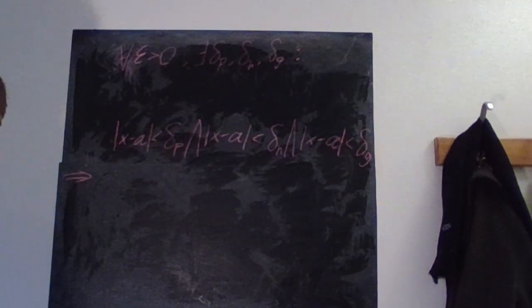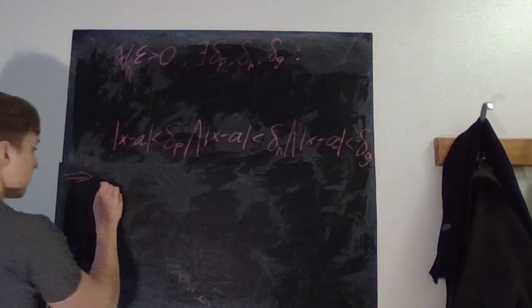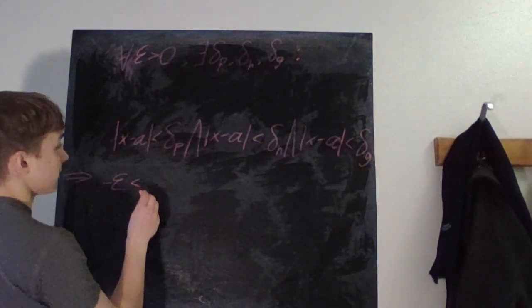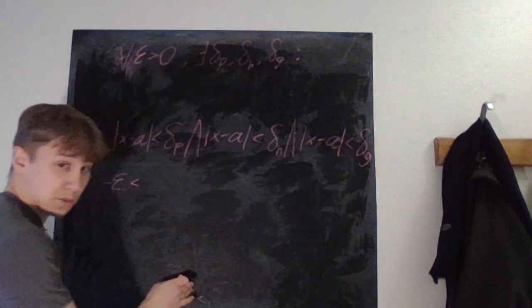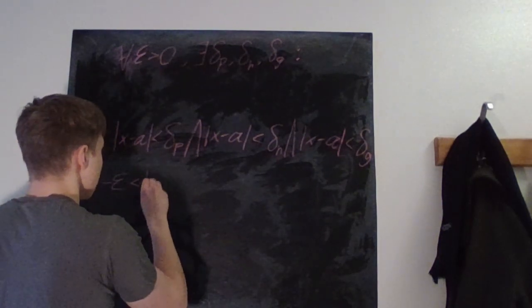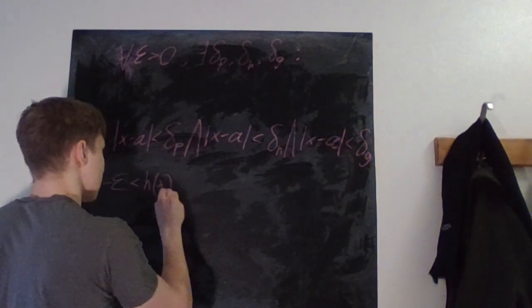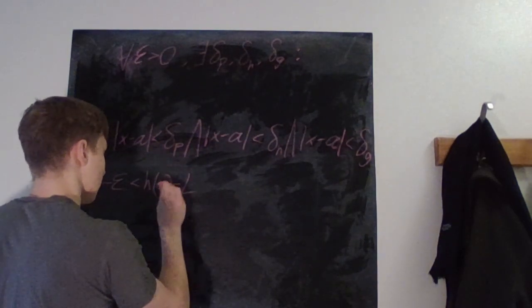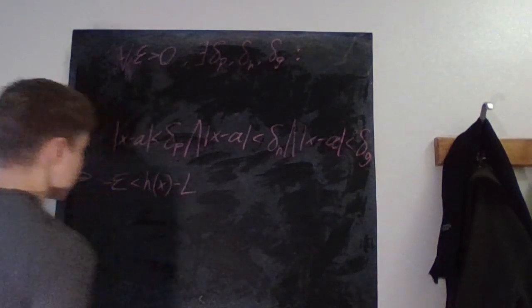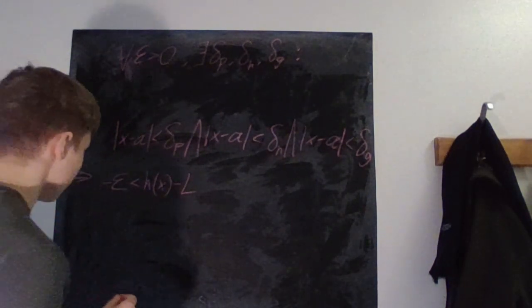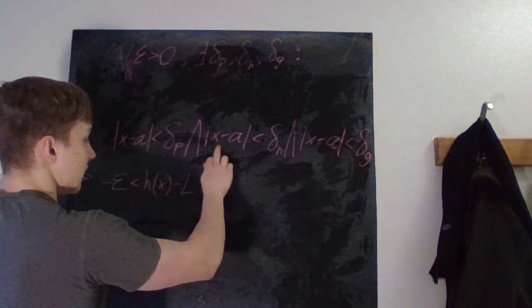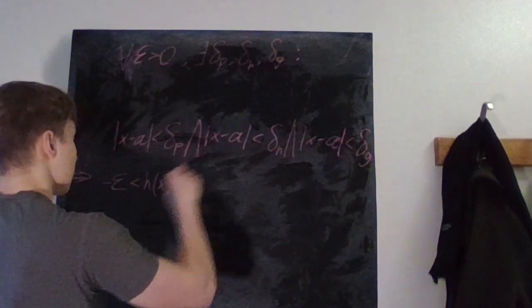So we can denote that minus epsilon is less than, okay, we had that h was the smallest one, and g was the largest, so h of x minus L. This should make sense so far.